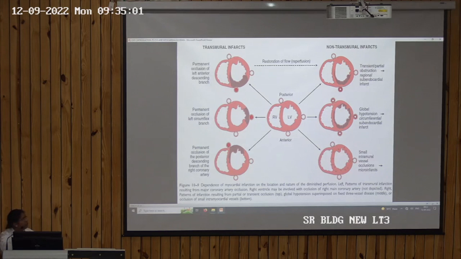These multifocal infarcts may be present due to any form of vasculitis, or if there are multiple emboli from some area. These will cause multiple small areas of infarction, and this may result in ischemic cardiomyopathy and later on heart failure.